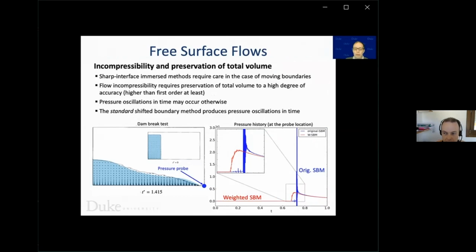This is a known issue in immersed boundary methods that do not accurately preserve the total volume of active fluid in the calculation. We were able to find a modification of the shifted boundary approach which actually solves this issue.